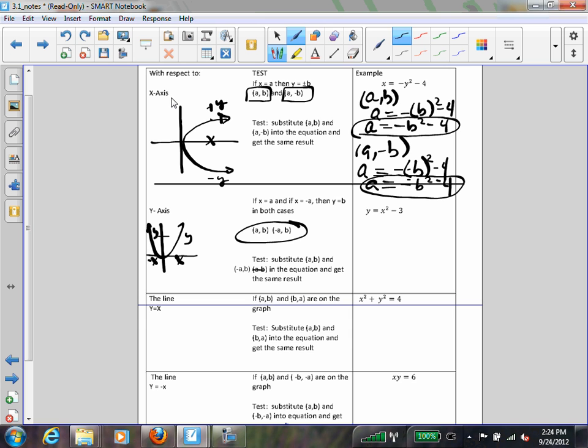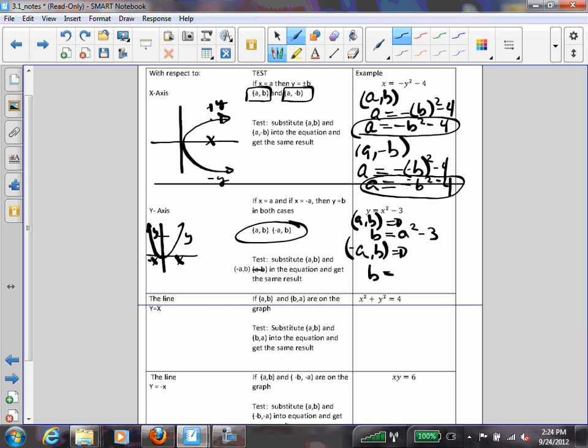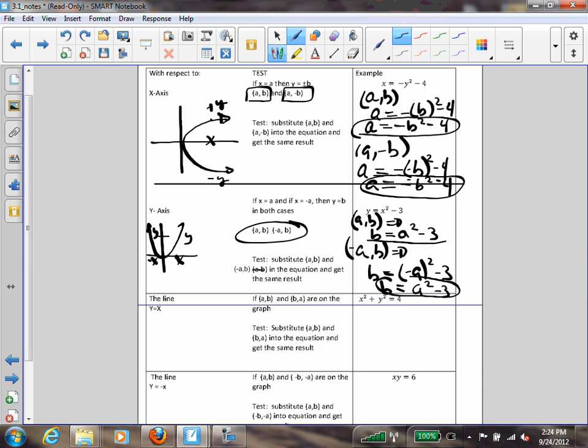So if we use a, b, I'm going to get b is equal to a squared minus 3. Right? And if I use negative a, b, I'm going to get b is equal to parentheses negative a squared minus 3, which is still a squared minus 3. This case is the same as this case.